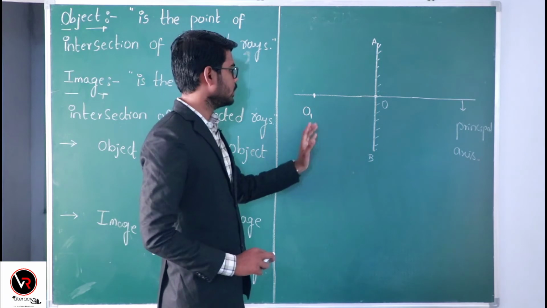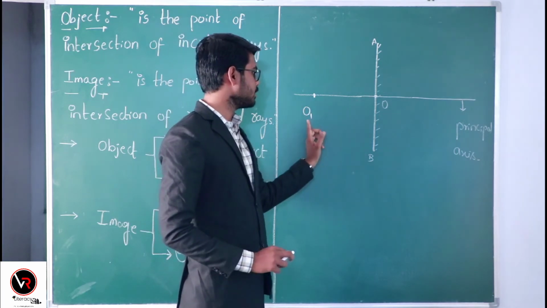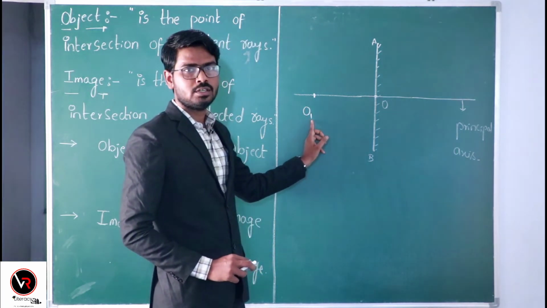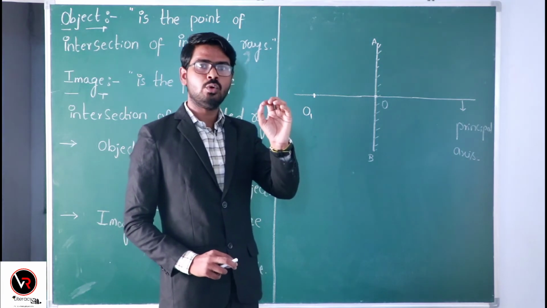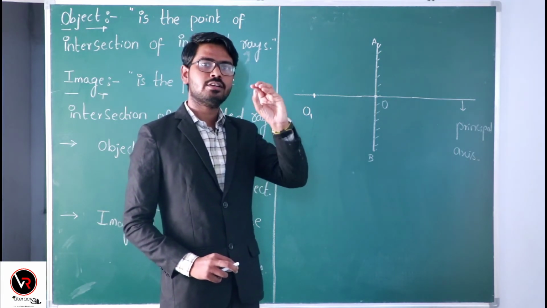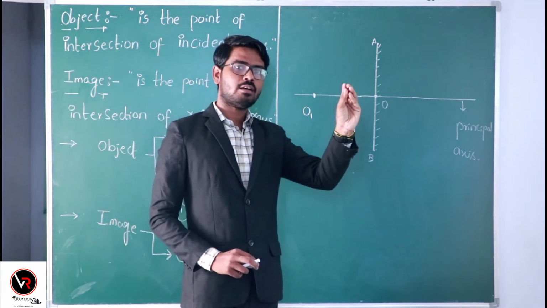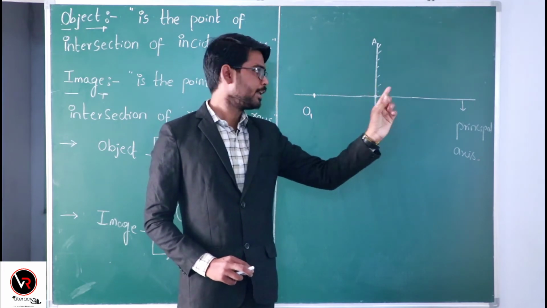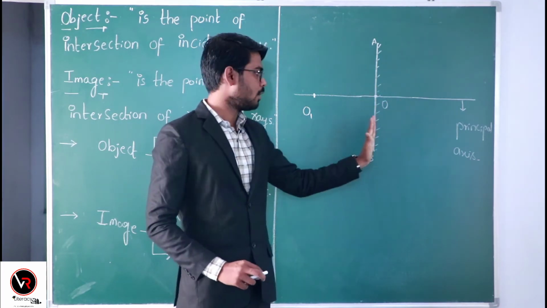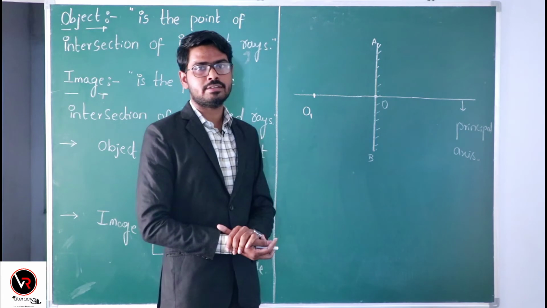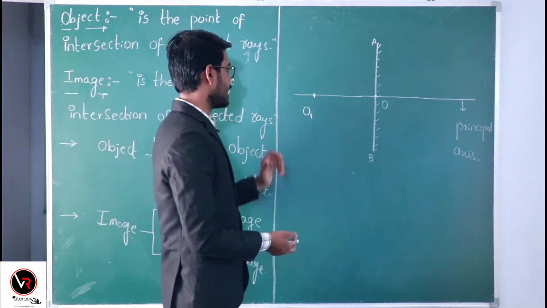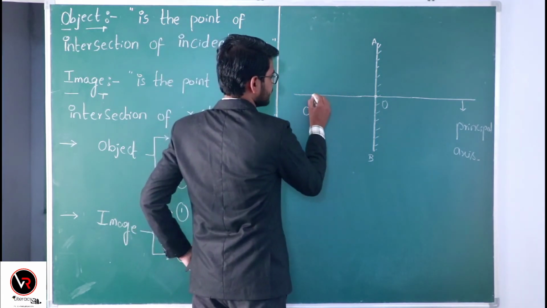So in order to get the image of this point object O1, we need the two reflected rays which should be met or intersected at a point on the principal axis on the other side of the plane mirror. So for that, extract at least two rays from this object.